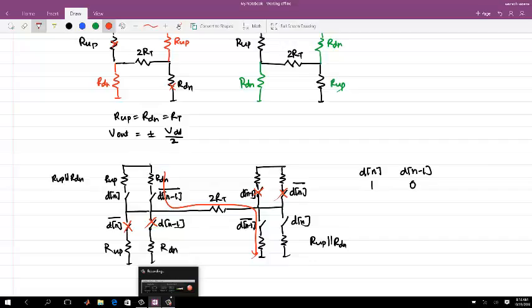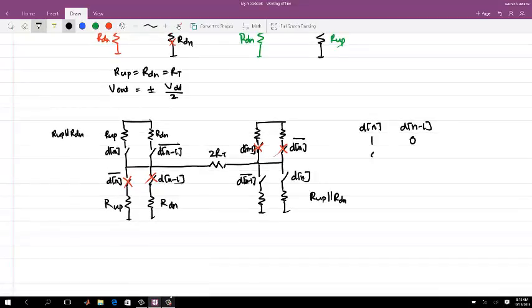Okay, so you see that you can get a positive swing in this manner, right?